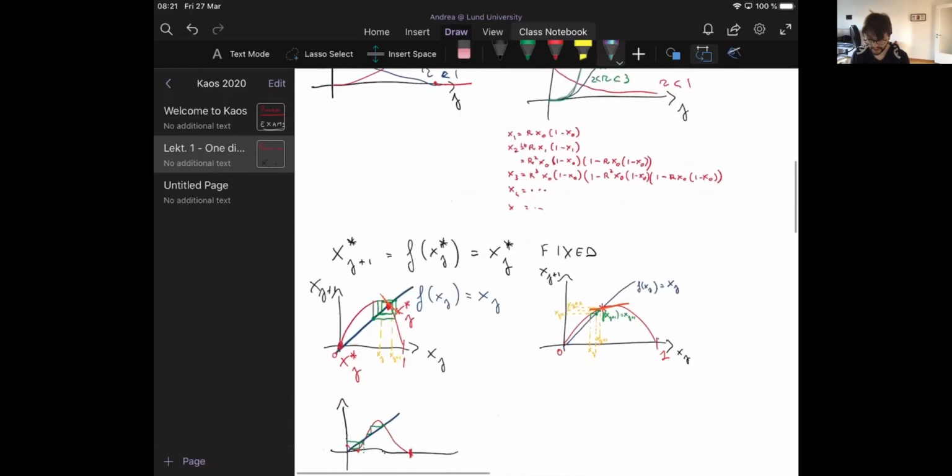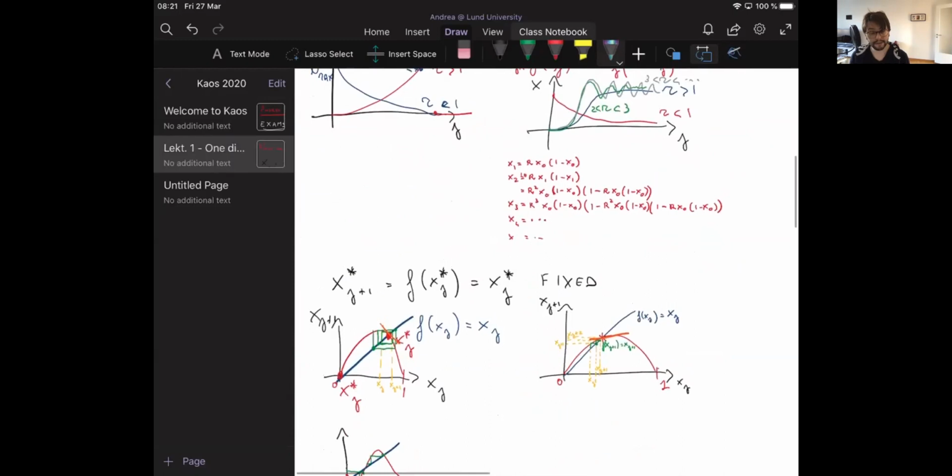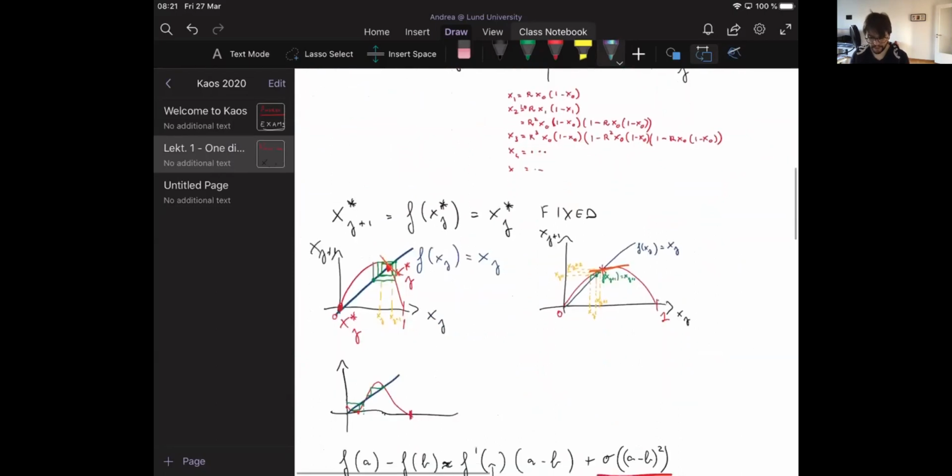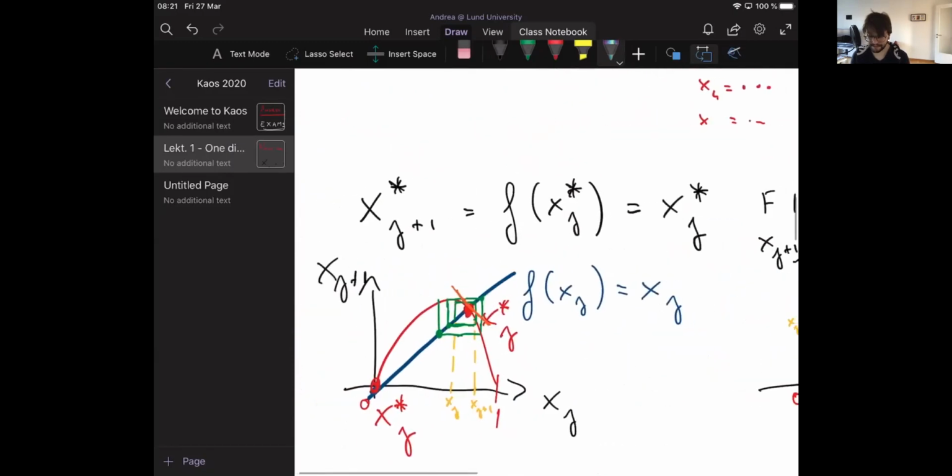And then we started to try to understand analytically or with some easy mathematical tools the properties of this very peculiar map. And we defined one very important characteristic, which are fixed points.